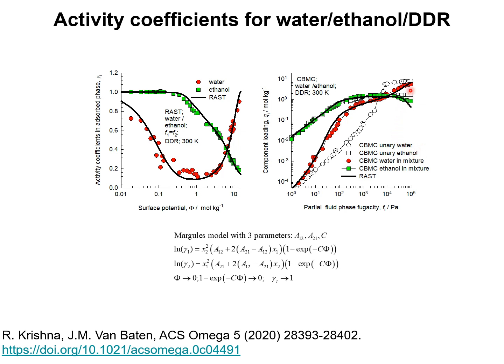It is to be expected that the RAST would match the component loadings determined from the CBMC simulations, because indeed the CBMC data have been used to back out these three model parameters.